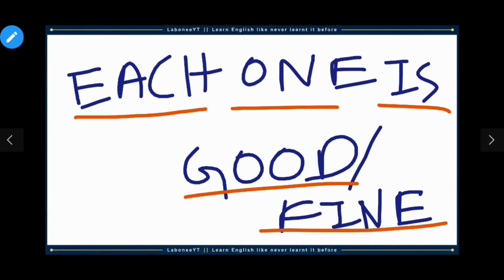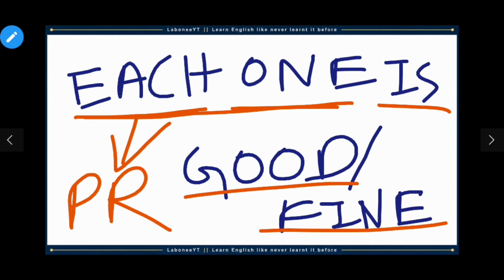You shouldn't write any name. If you write one, then in the next part you have to use each as a pronoun, otherwise it will be completely wrong. So each one is good here and each one is a pronoun completely. That's it. Well, this was the main thing about each as a pronoun after each as a determiner.